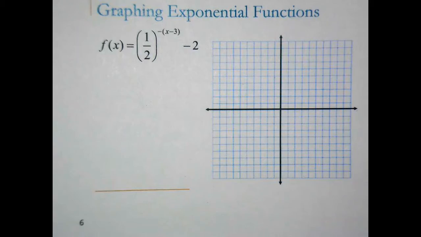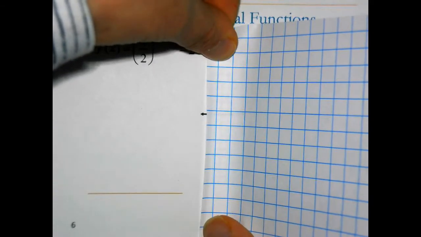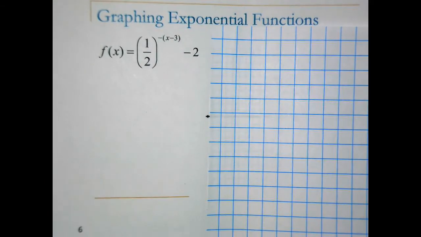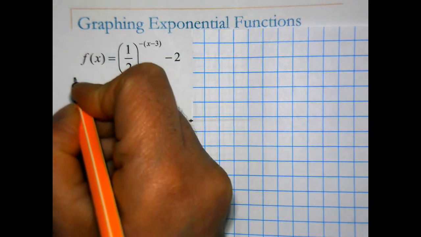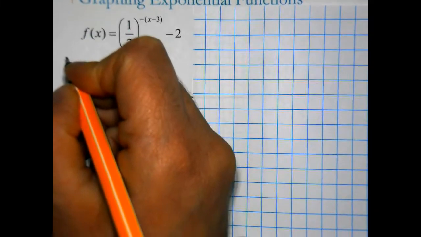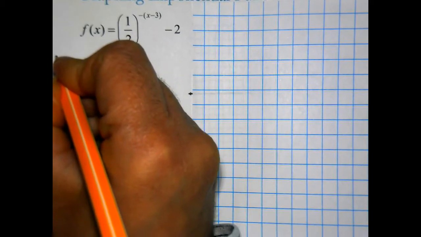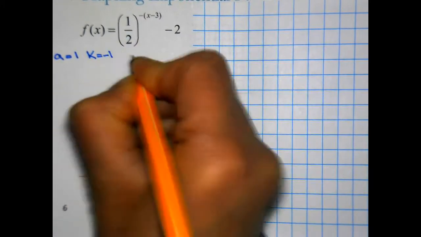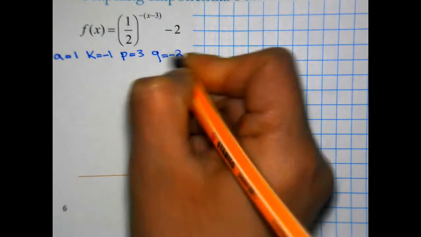So okay, just to recap, our A is 1, K is -1, P is 3, and Q is -2.